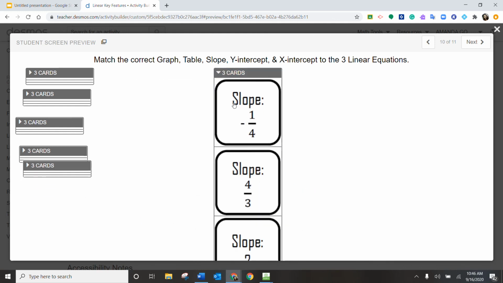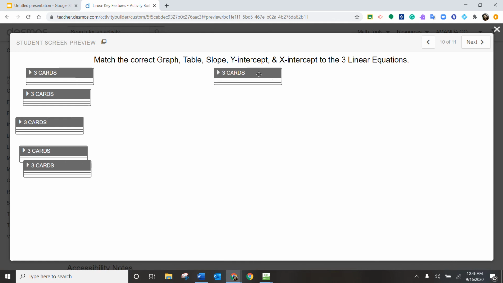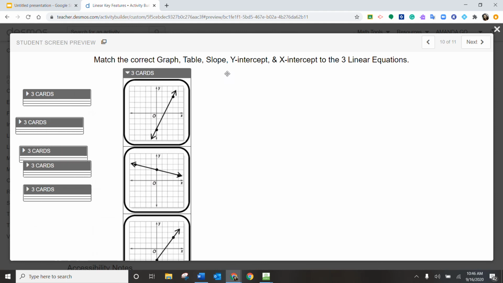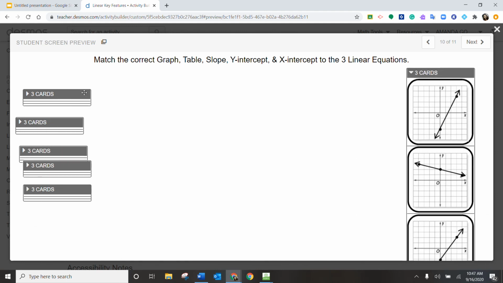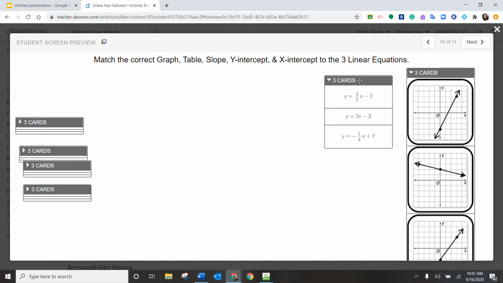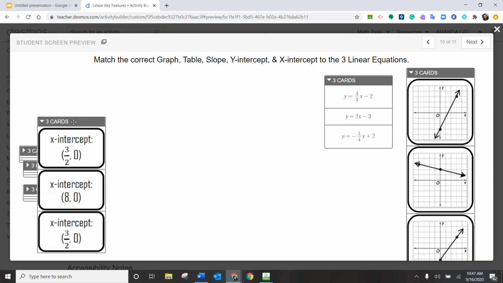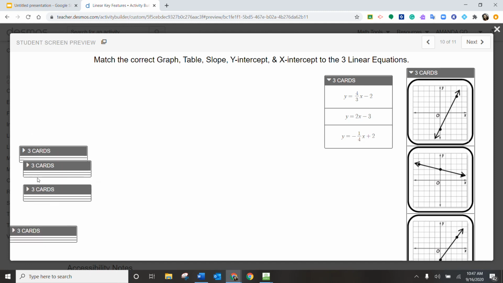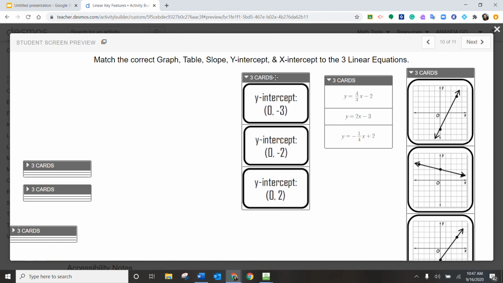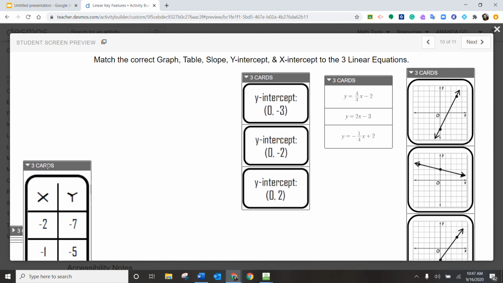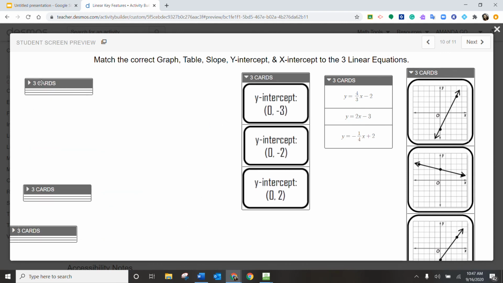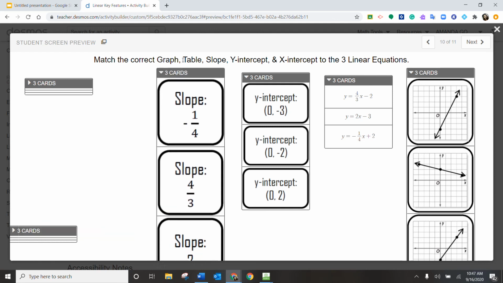So like I stated, you may want to start with looking at your graphs, since you only have 3 of them here, and the equations. So that's how you can start putting them together quickly. Now, if you're able to recognize your y-intercept and your slope quicker, well, then go ahead and do that.